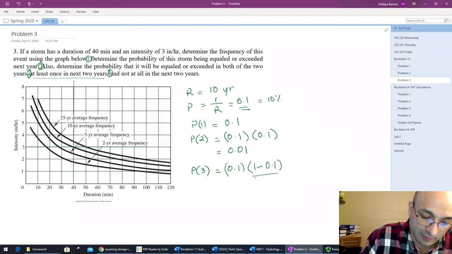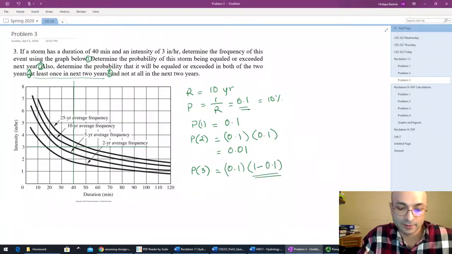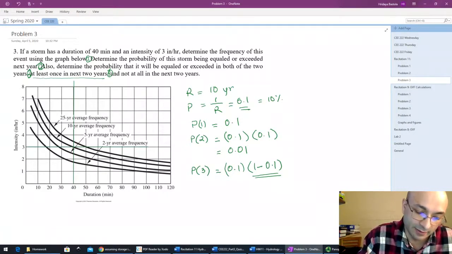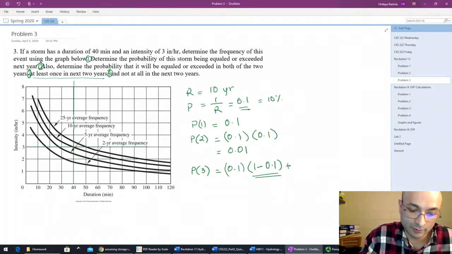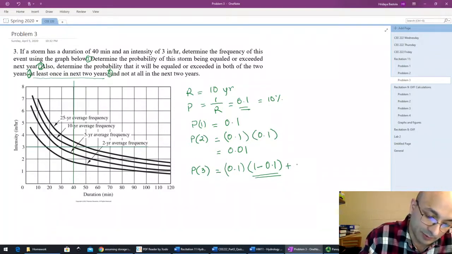So this is the probability of such an event not exceeding or equaling in any given year. Or the other way this could happen, so or is addition in probability. So the first year it doesn't equal or exceed, but it exceeds or equals in the second year.